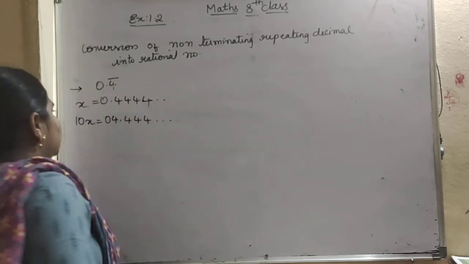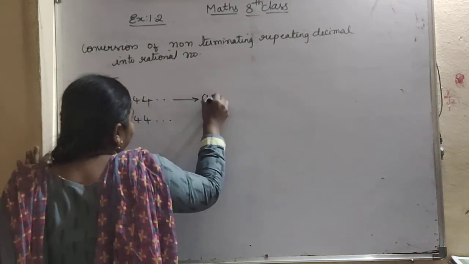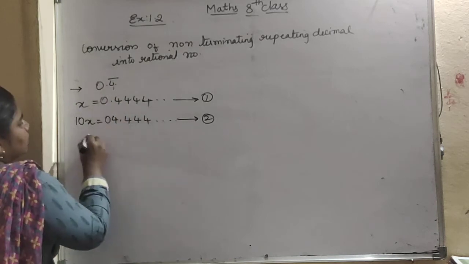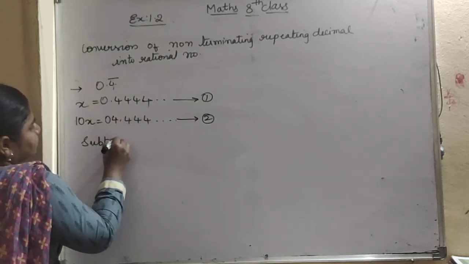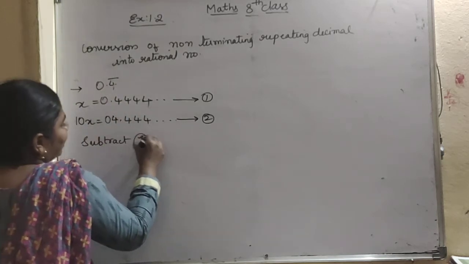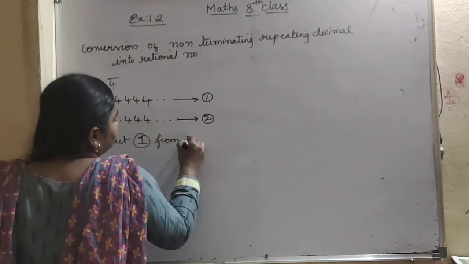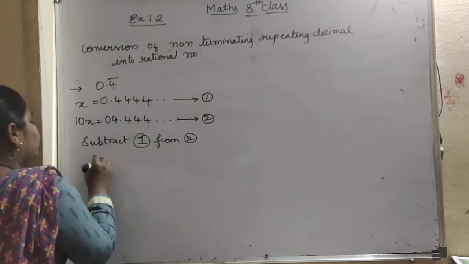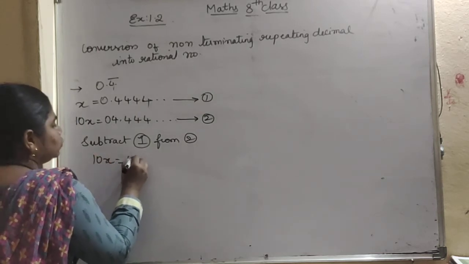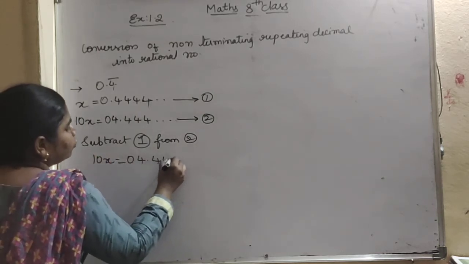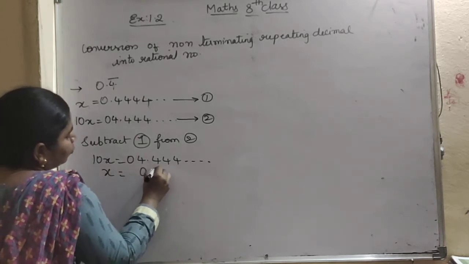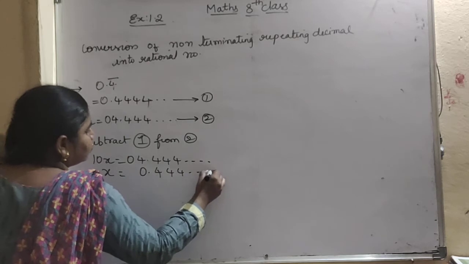So now this will be 1 and this will be 2. Now we have to subtract both. Subtract 1 from 2. From this we have to subtract this x value. So 10x is equal to 4.444 and so on, and x is equal to 0.444 and so on.